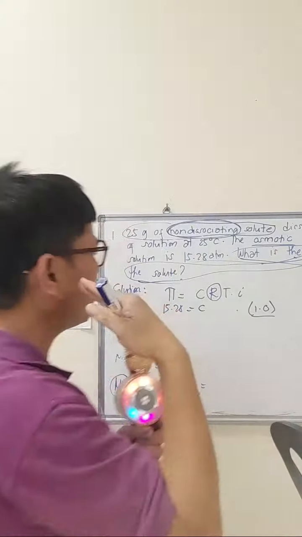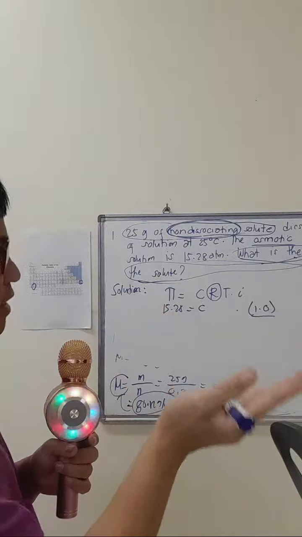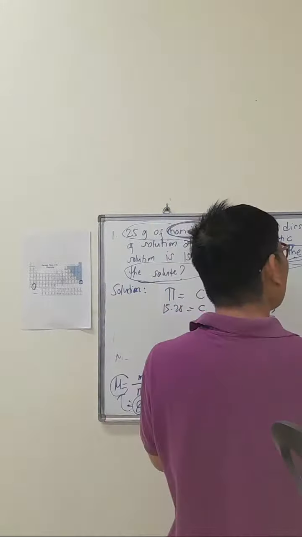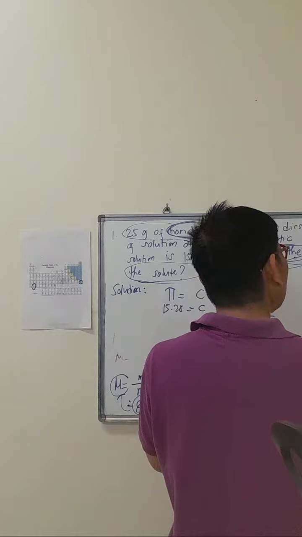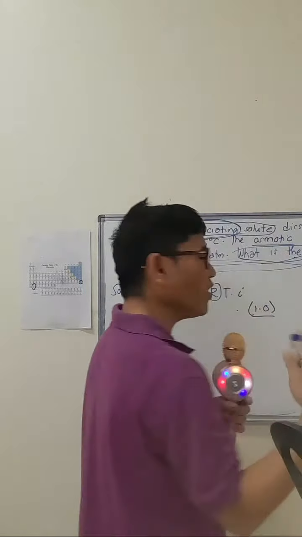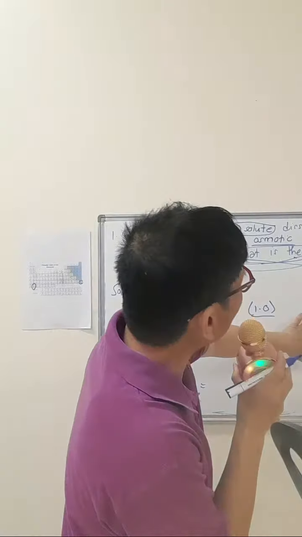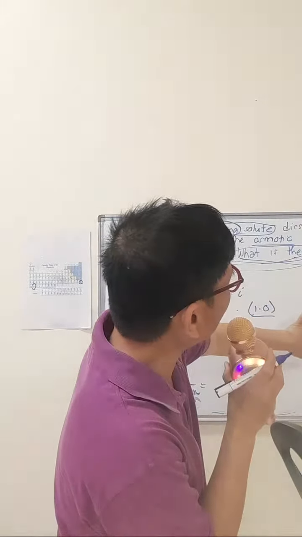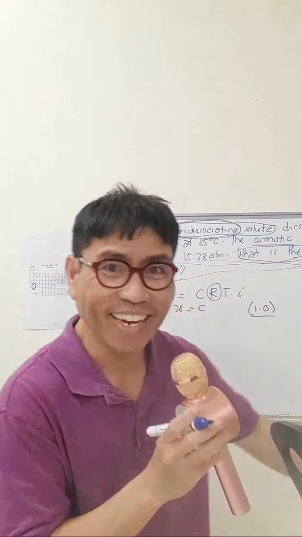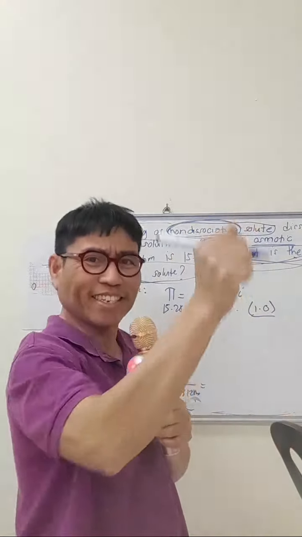Meaning to say, it will never be less than 1, but it can go higher than 1. That's our third assumption: the van't Hoff factor is greater than or equal to 1.